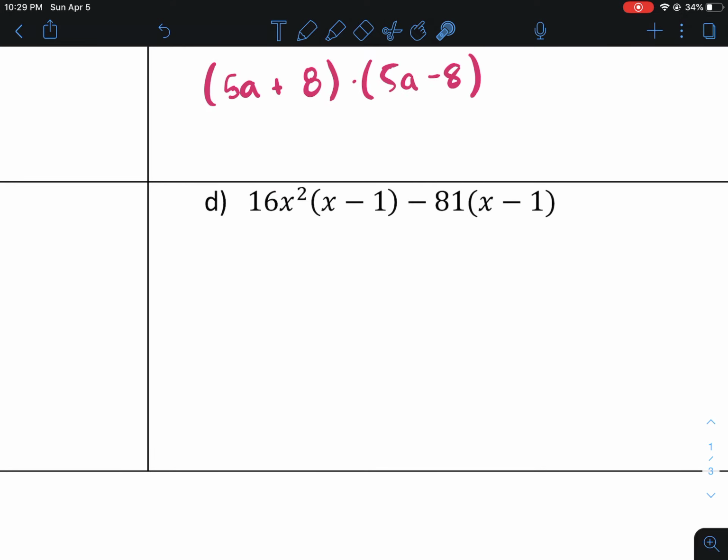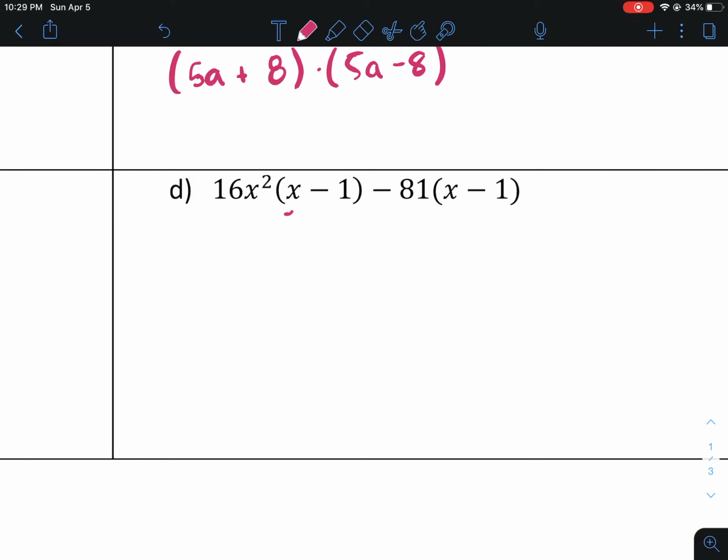So let's look here, let's check for a GCF. We have a GCF of x minus 1. And if I factor out an x minus 1, that's going to leave me with 16x squared minus 81. Do we have a special product? Yes, we have two perfect squares being subtracted, so this is a difference of squares.